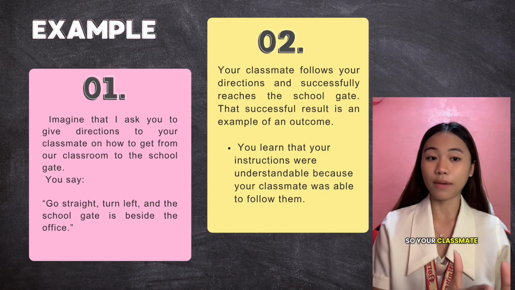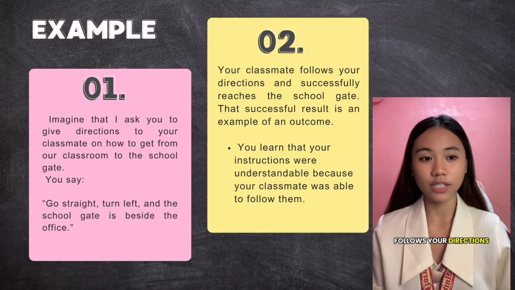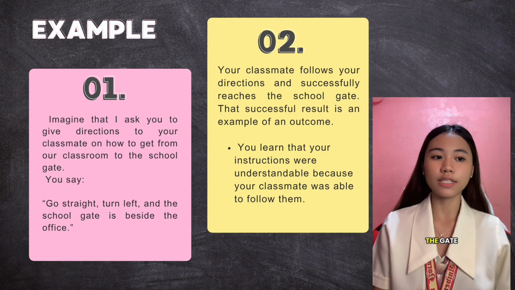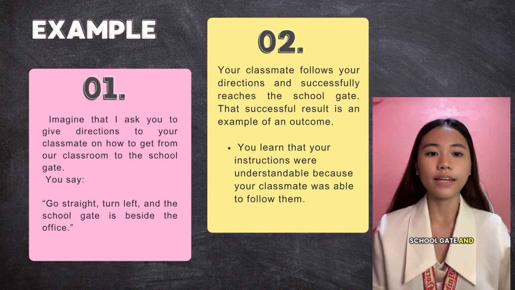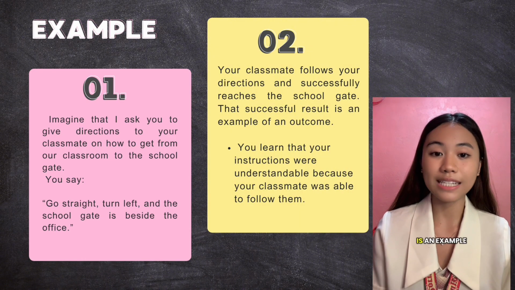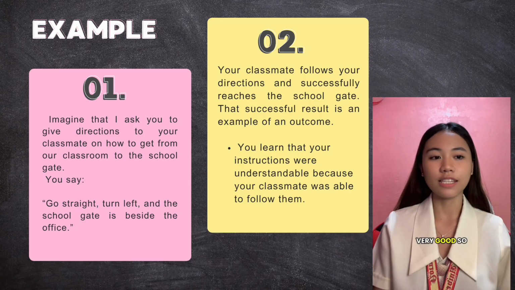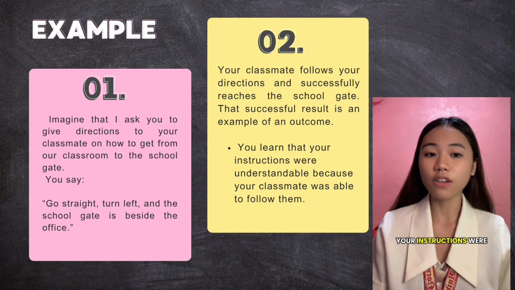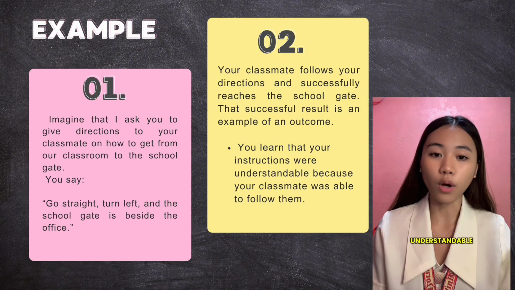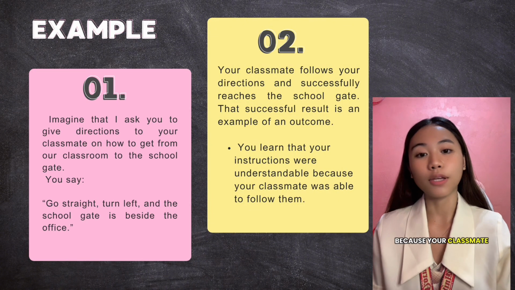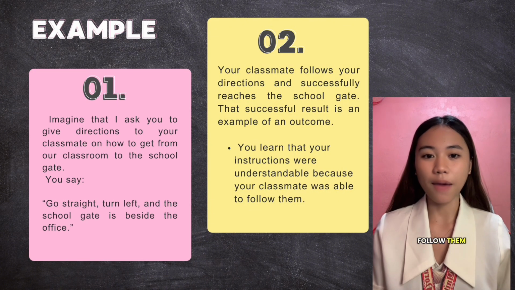So your classmate follows your directions and successfully reaches the school gate. And that successful result is an example of outcome. Very good. So you learn that your instructions were understandable because your classmate was able to follow them.